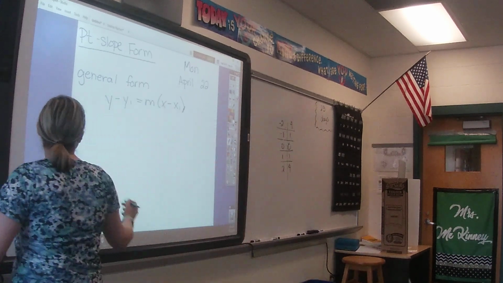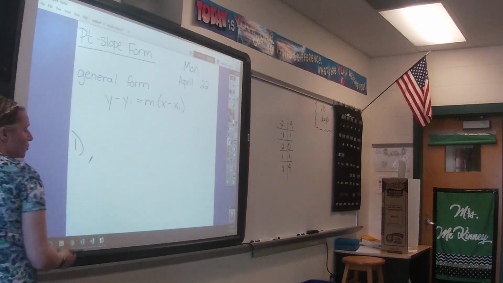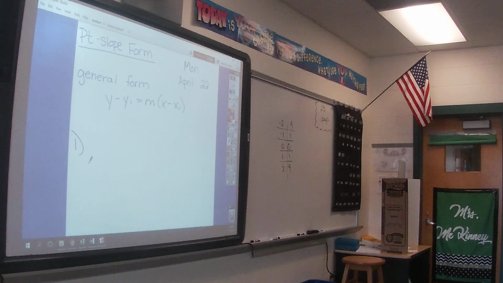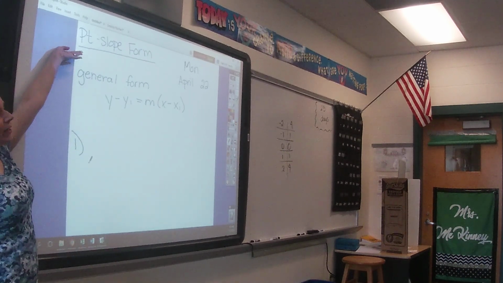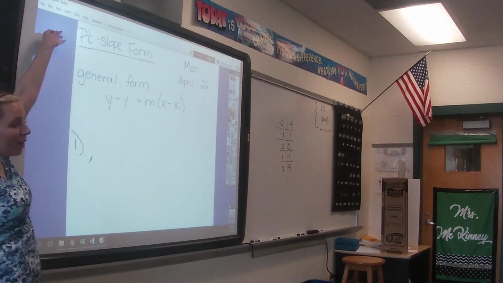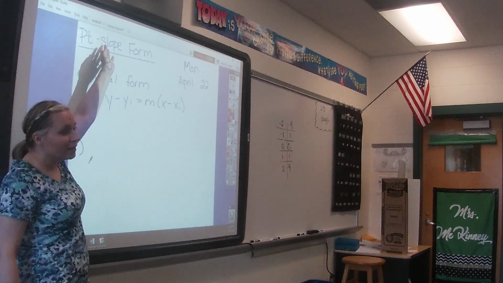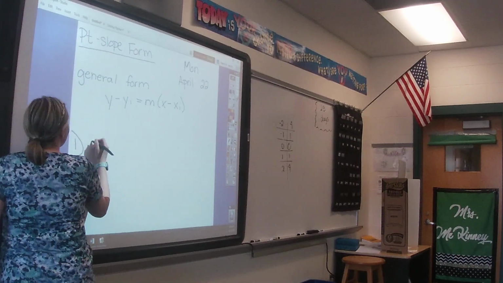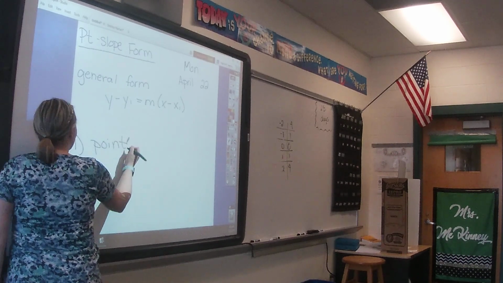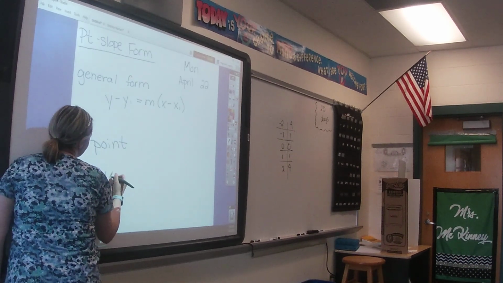In point-slope form, we can find two things, just like we've been able to find two things in all the other forms. This was not creatively named, so it is called point-slope form. We can find a point, and we can find a slope.